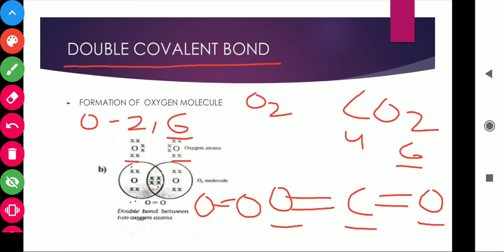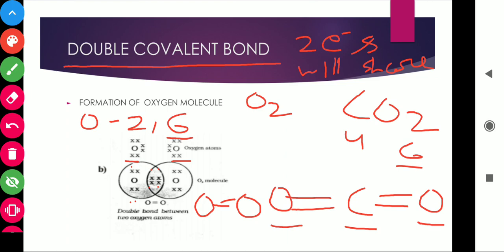This is an example of a molecule having double covalent bonds. 2 electrons are shared from each atom of the molecule.